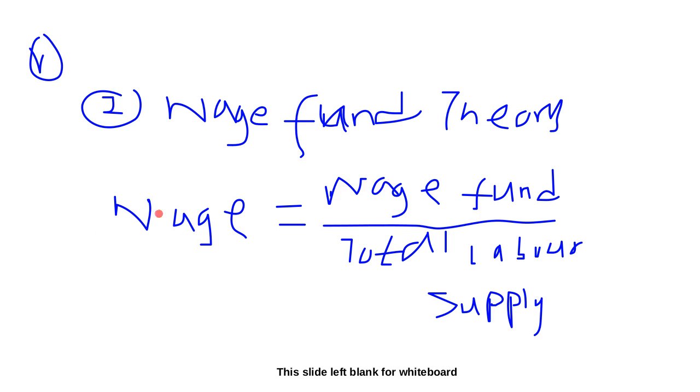So the wage rate is going to be equal to the wage fund divided by the total number of labor supply. This theory assumes that in the production process, there are funds set aside to pay wages.